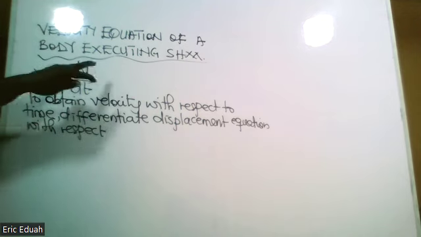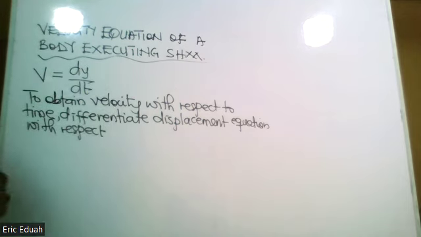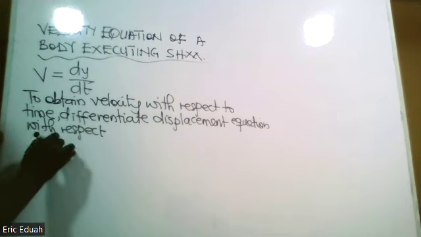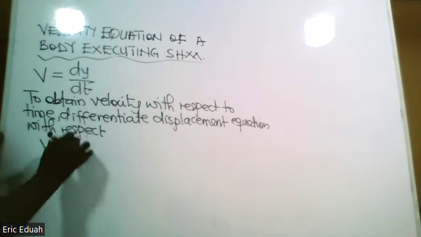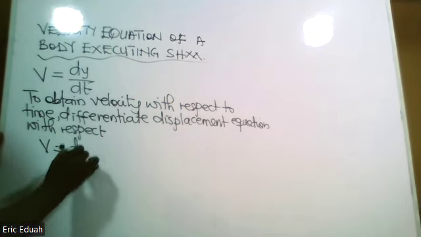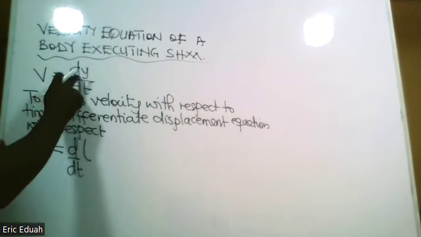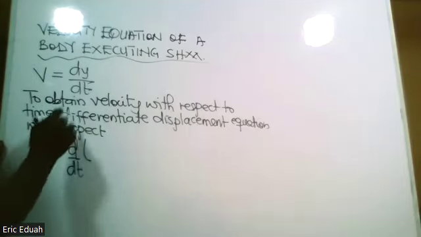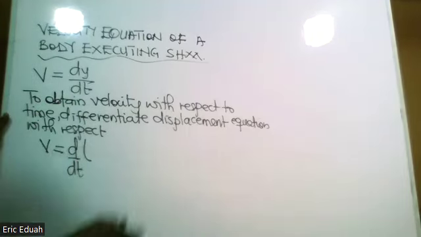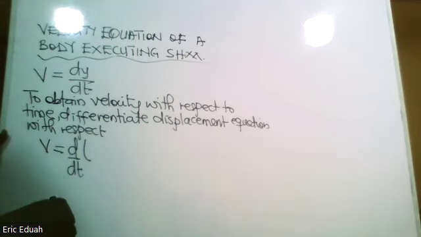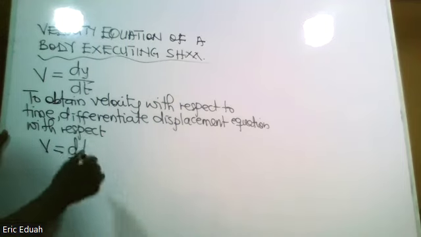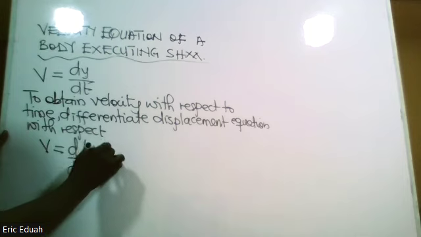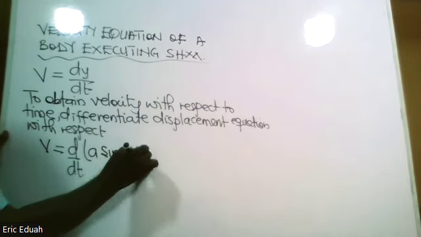To get V, we have to see how D changes with time. So the differential of the displacement function along the Y, which means we are looking at displacement along the vertical, is A sine omega t.